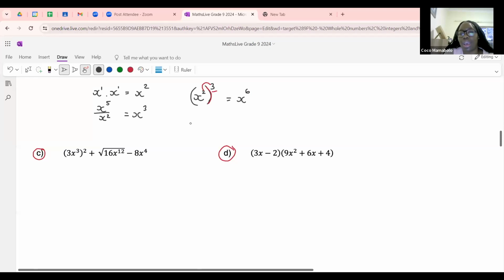And then if I've got the root of something, let's make this the cube root of x to the power of 6, I keep my base and divide my exponents. So 6 divided by 3 gives me x to the power of 2.